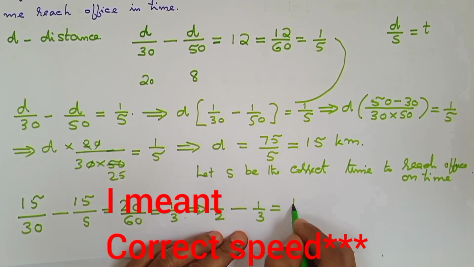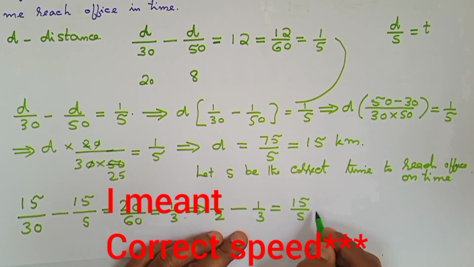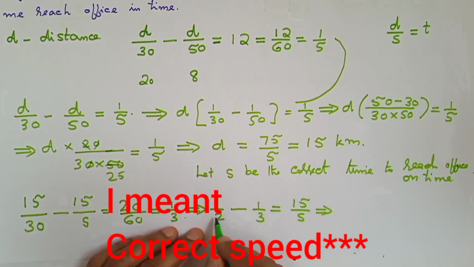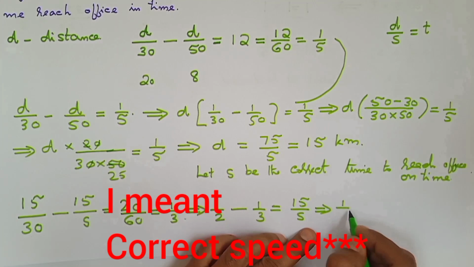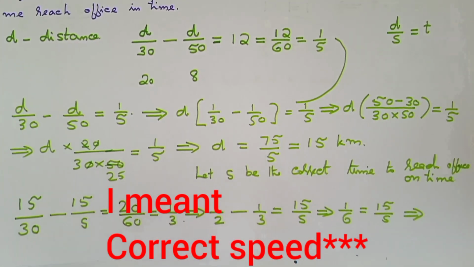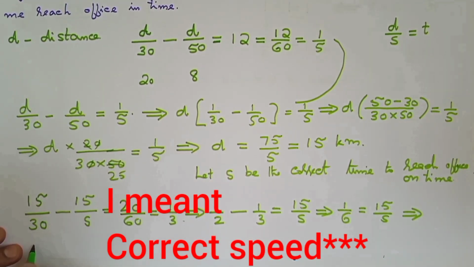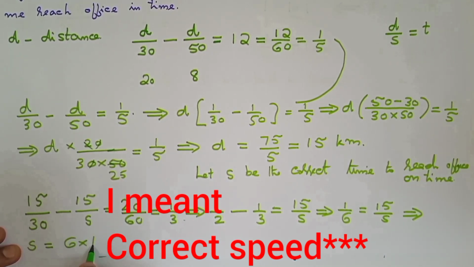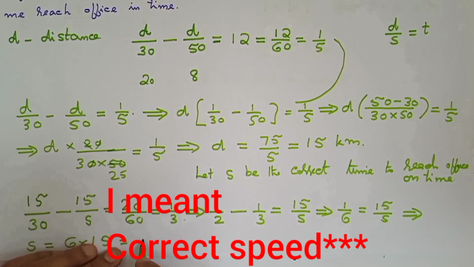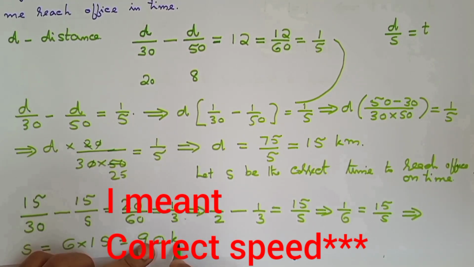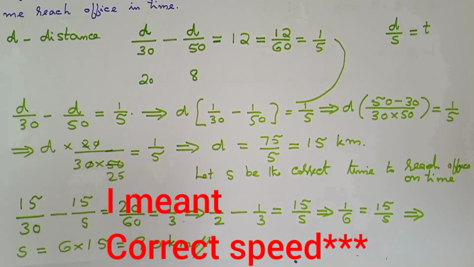You have this one. And this on simplification is 1 by 6. And that implies cross multiply, you will get S is equal to 6 into 15, which is 90 kilometers.